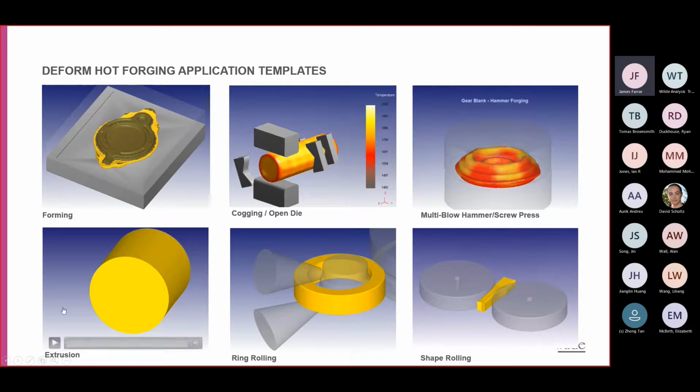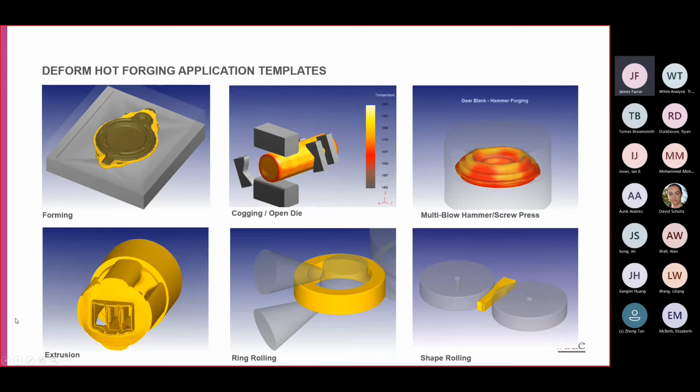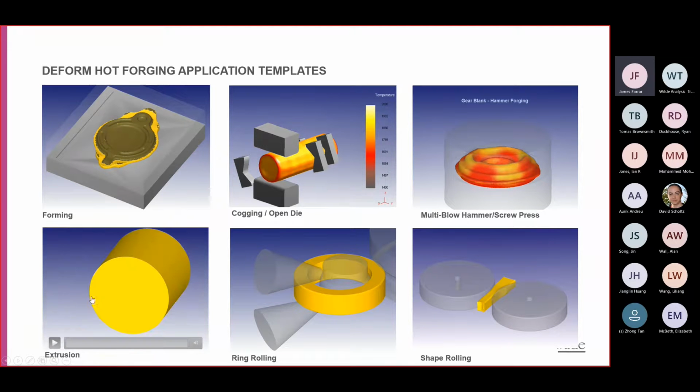Another common hot forging process, which follows on after the cogging application, would be extrusion, and we'll talk about the options we've got available in DEFORM for that. Sometimes it's done cold, but also a lot of aluminium hot forging.